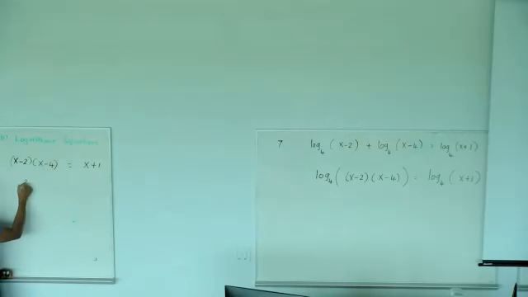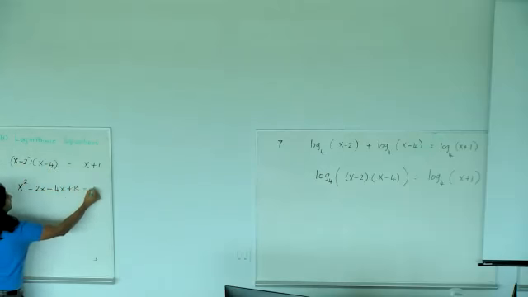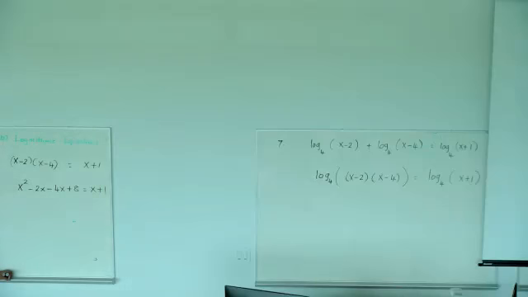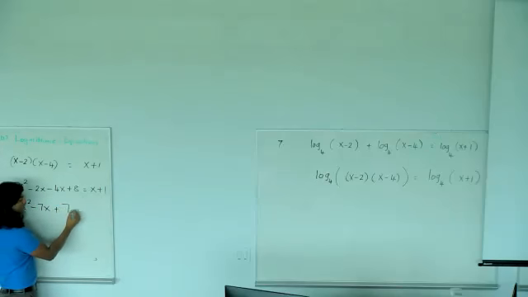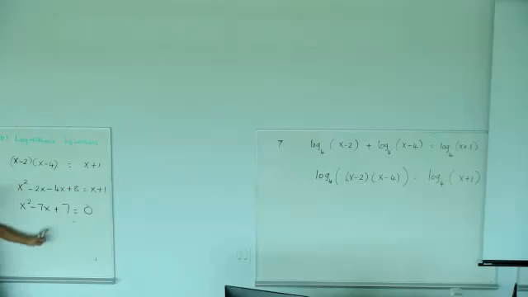FOIL: x squared minus 2x minus 4x plus 8 equals x plus 1. Move all the x's and numbers to one side: minus 6x, x moves to the left, minus 6x minus x is minus 7x. The 1 moves to the left and becomes -1, 8 minus 1 is 7. So x squared minus 7x plus 7 equals 0.